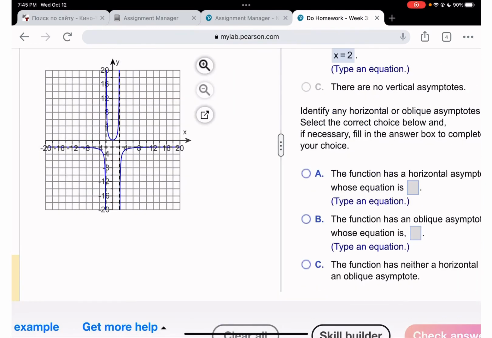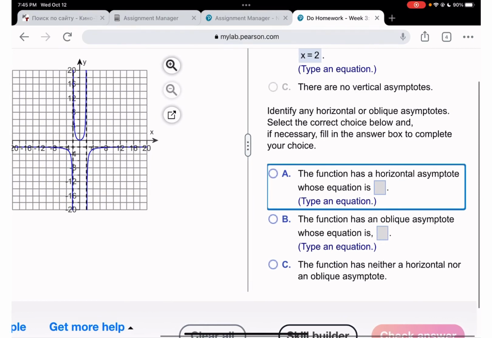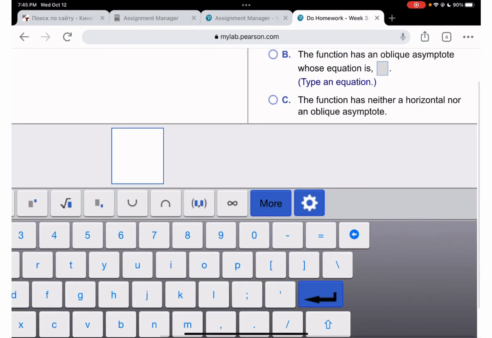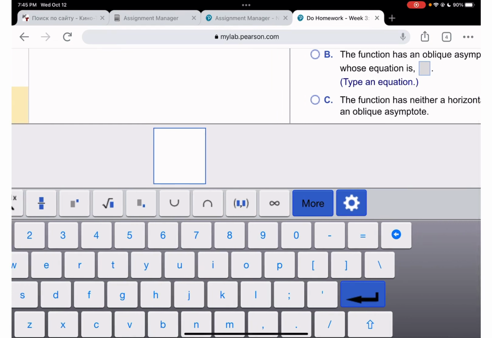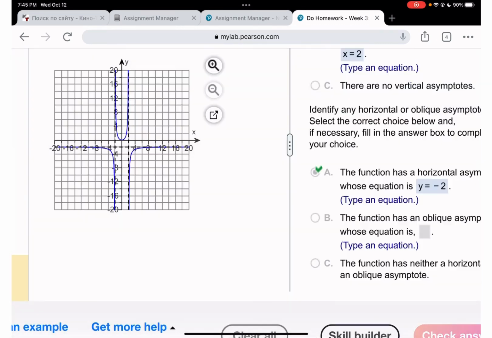Fantastic. Now, in the case of the horizontal asymptote, we said we have negative 2, right? For a horizontal line, it's y is equal to negative 2. All right.